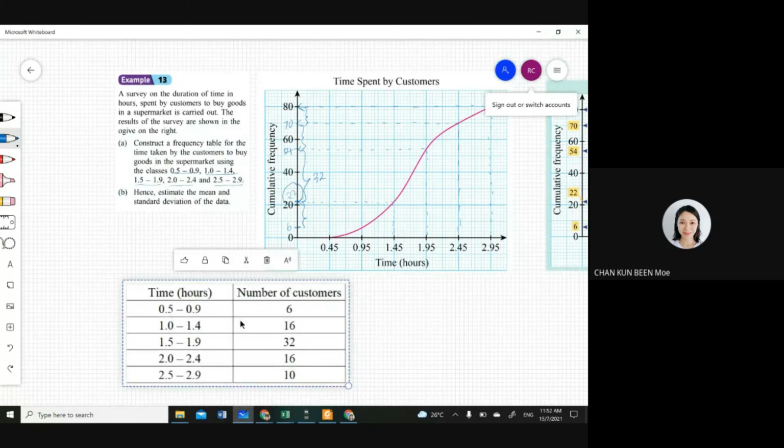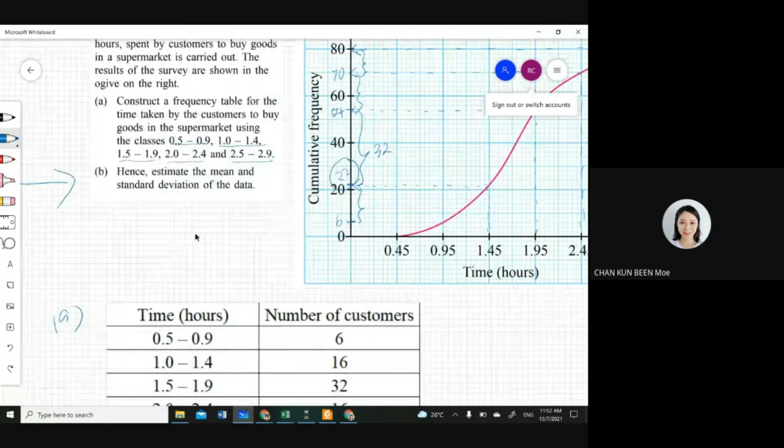Okay, A is done. Now you look at B. For B, we have to estimate the mean and standard deviation of the data. So you have to remember, when you want to find the mean, you will need the total fx over total f. And then to find the standard deviation, you have to go through all of it, right?